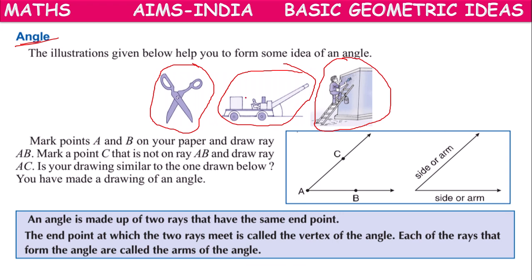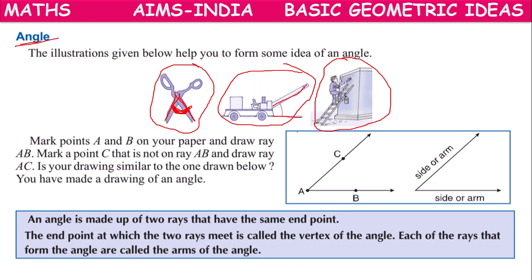If you observe these illustrations, this is one hand of the scissors, and this is the other hand of the scissors. Through this angle, they are apart. So from the ground, this much inclination is there between these two hands.